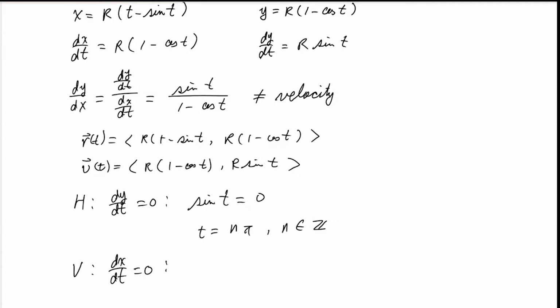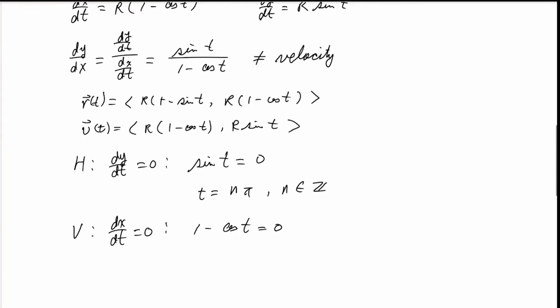We are always thinking of this as physics, like particle motion. That's what this class is for. And then you set 1 minus cosine t to be 0, right? That means t is equal to 2n pi, because cosine t has to be 1.